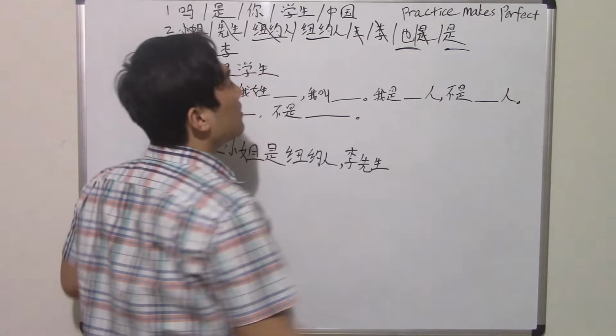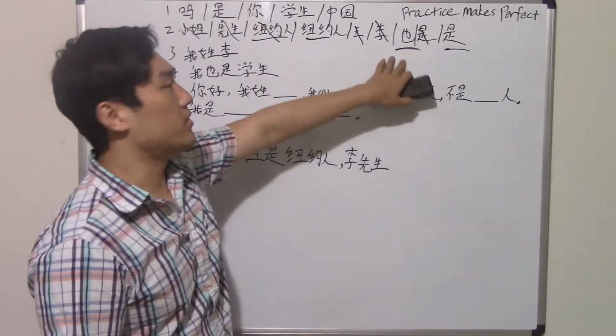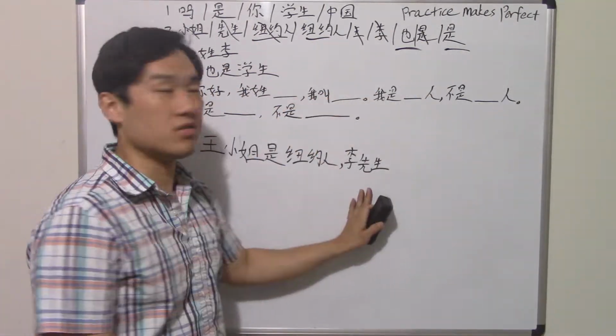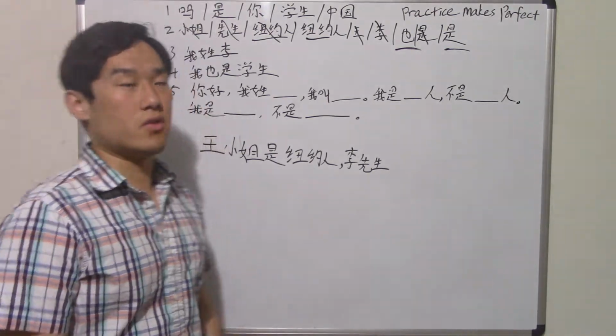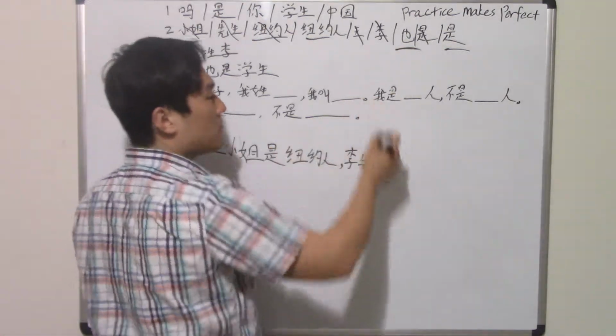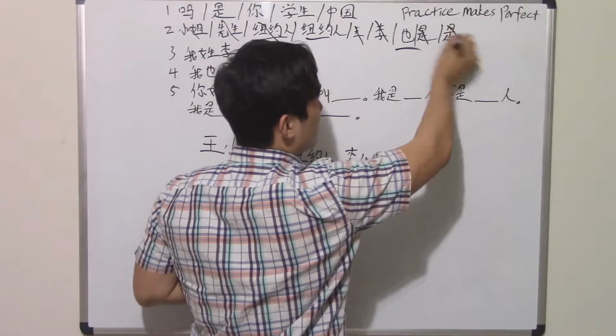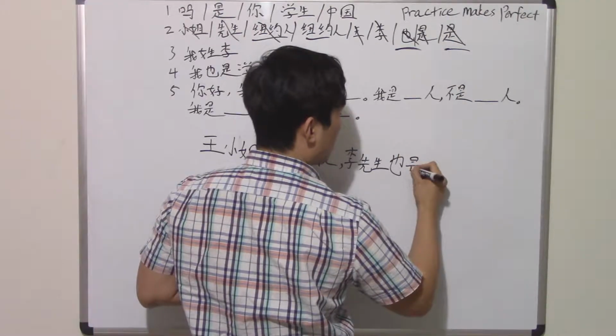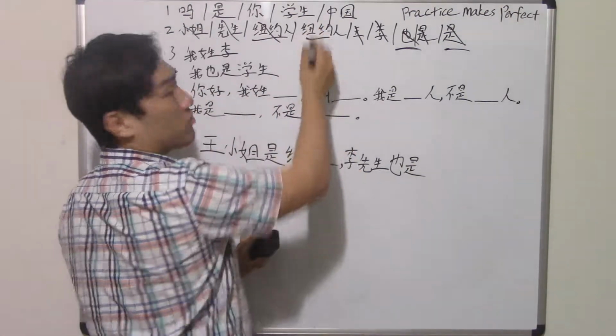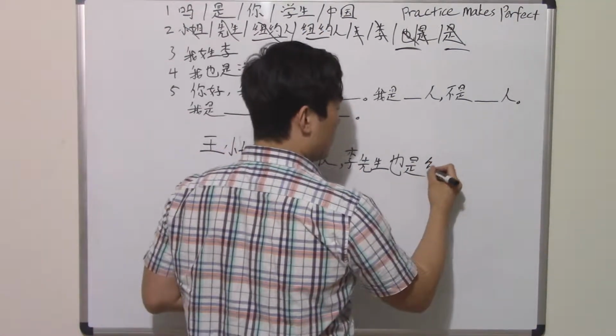As you know, we always put 也 right behind the subject and right before the verb. So you put 也 right behind the subject here. And then 是 means is. Again, 也, 是, and then New Yorker, the last phrase right here.